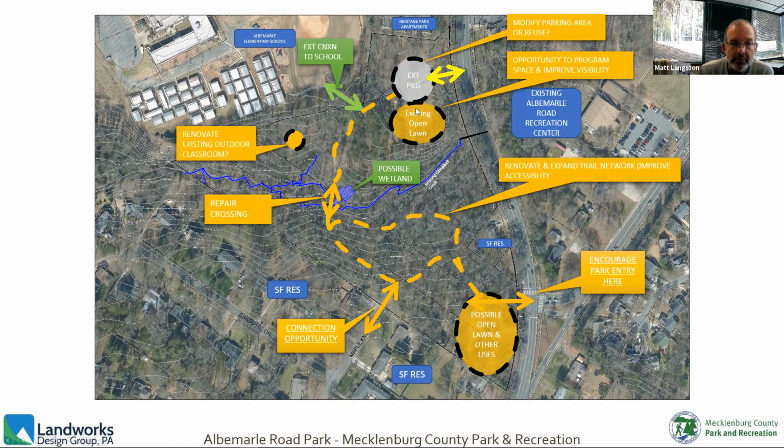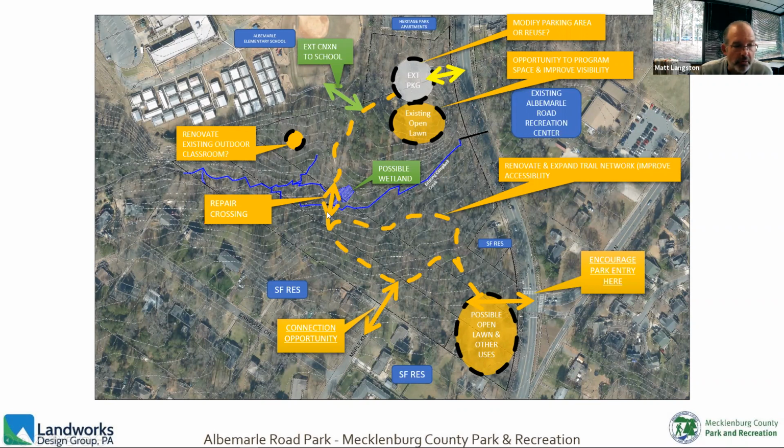As I mentioned, we've got this open lawn here that could be programmed a little more intentionally and also opened up. We can regrade it so that it's more visible from the street, so that people can see things are happening and are encouraged to use it. Do we renovate the existing outdoor classroom, and how and for whom is another question.